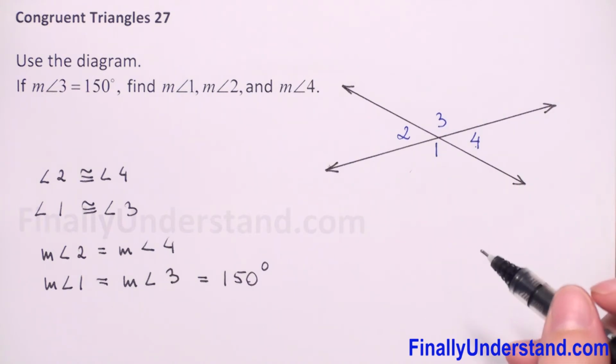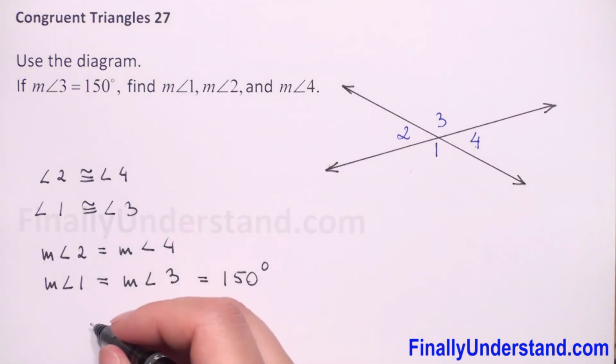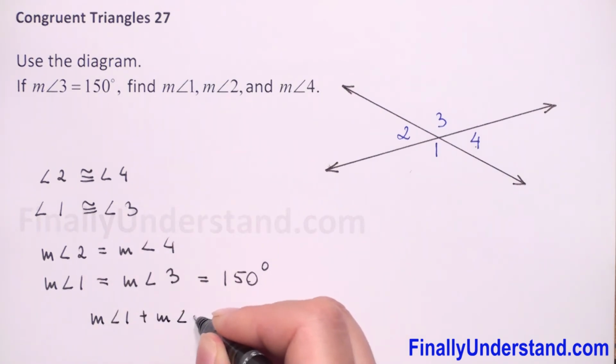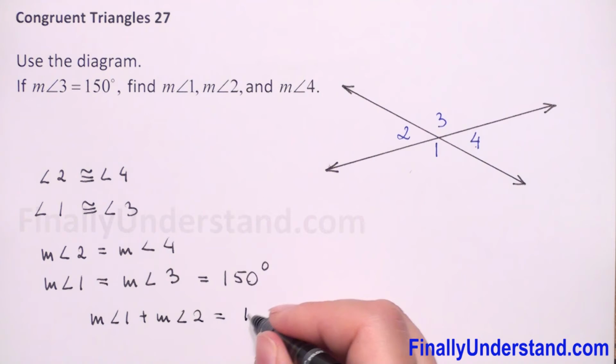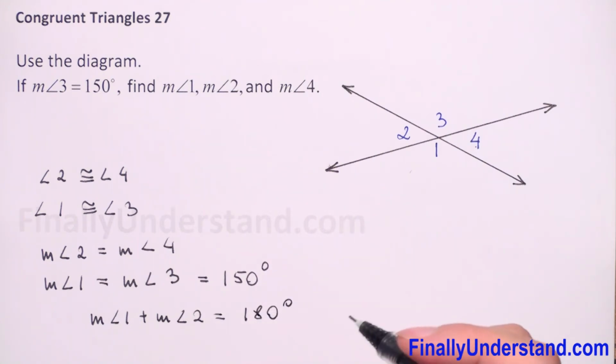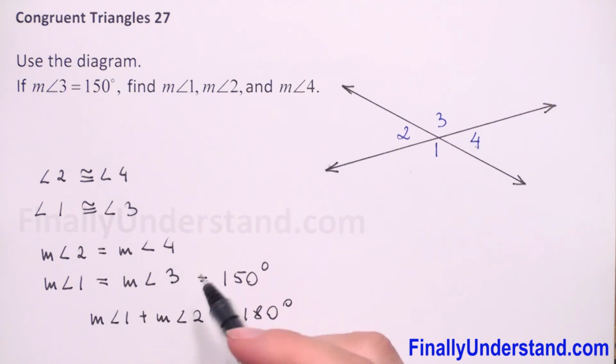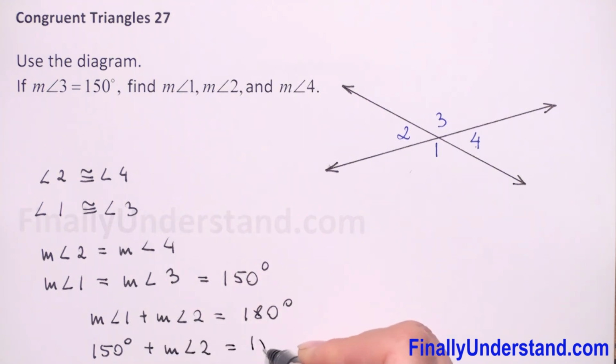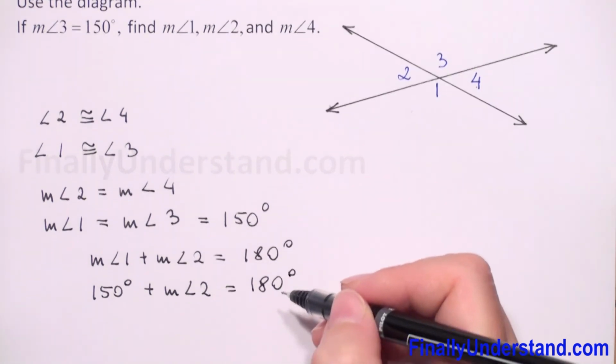angles. So we will have that the measure of angle 1 plus the measure of angle 2 is equal to 180 degrees. So we have that the measure of angle 1 is 150 degrees plus the measure of angle 2 is equal to 180 degrees.